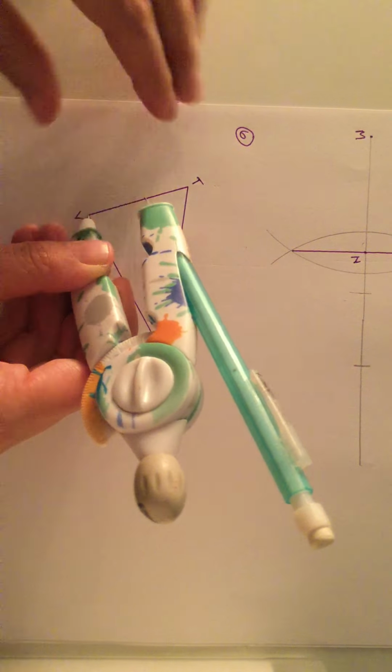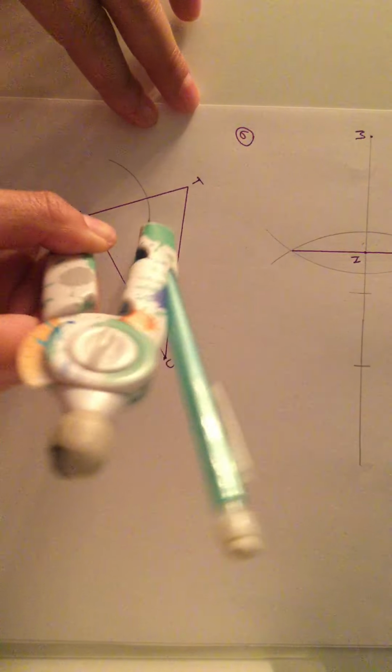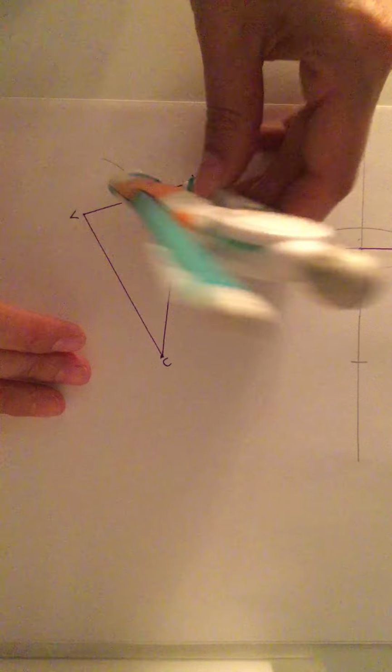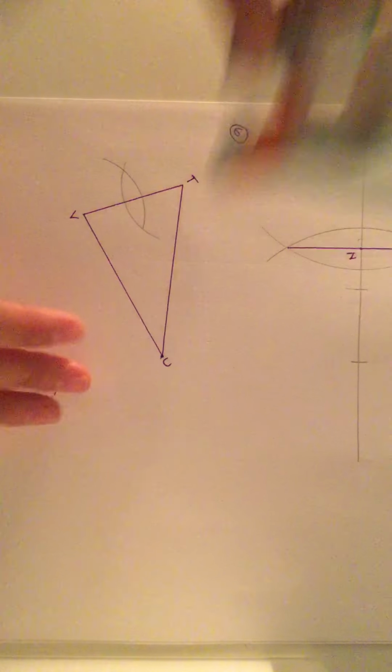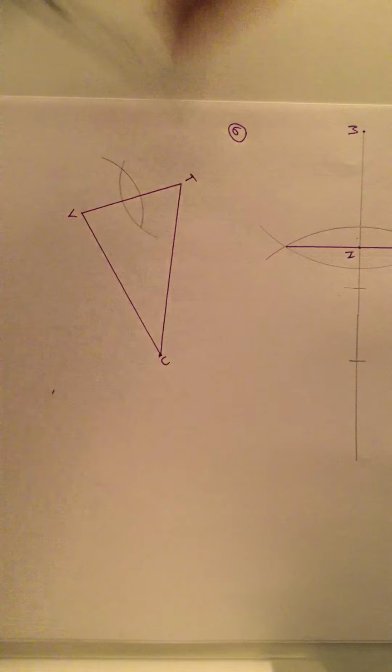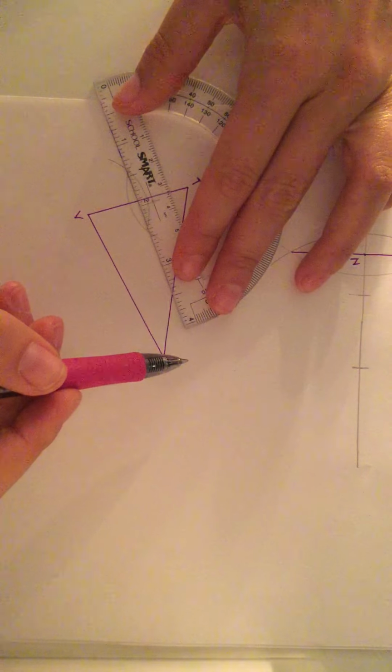So put my compass point on V, open it more than halfway, draw an arc, keeping the same compass setting, compass point on T, draw an arc, and we have our first perpendicular bisector.